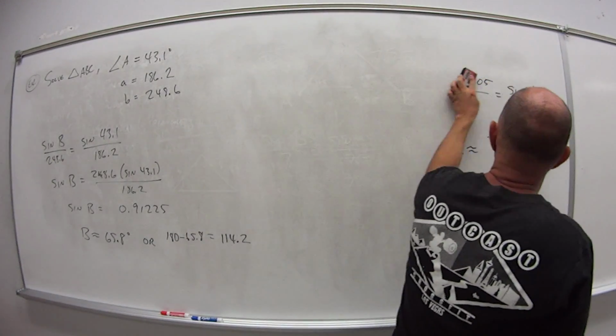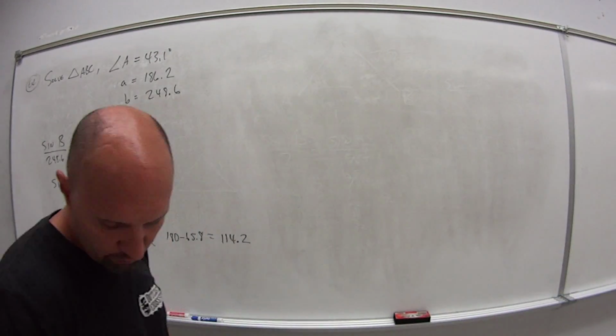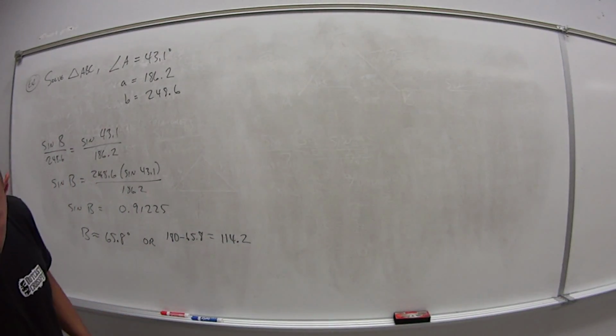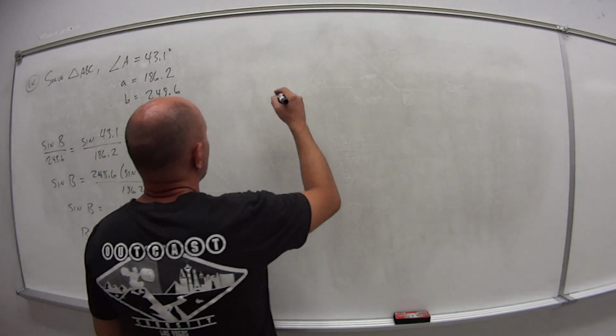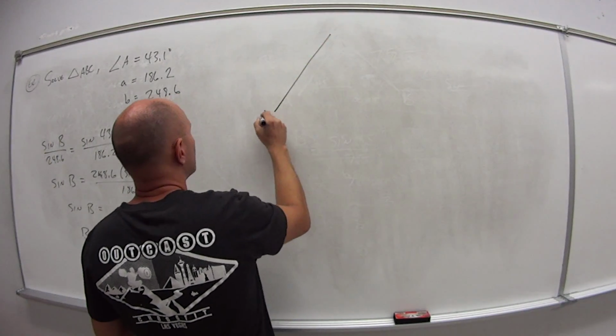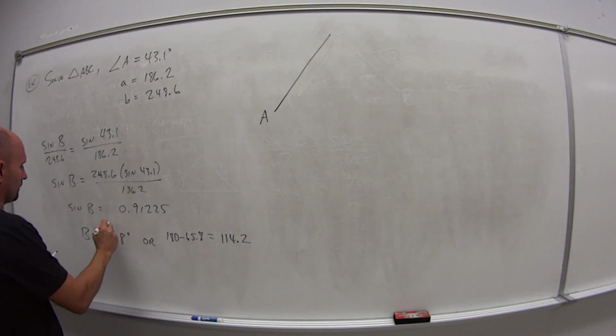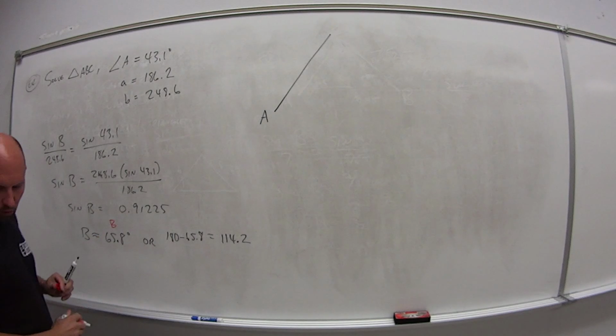So now let's draw the picture so that we can calculate all of these possibilities. So we have the triangle. And to keep things straight here, I'm going to use red.